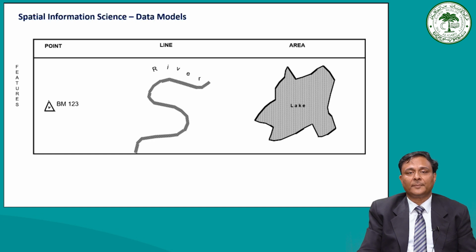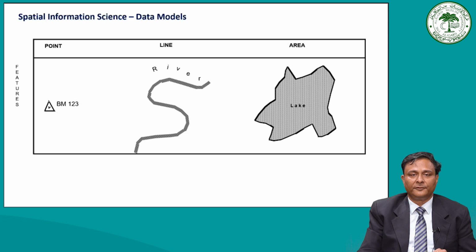In this diagram, examples of graphical representation of point, line, and area are shown. This is known as the feature model. The example of a point feature is on the left side, which suggests the elevation of that particular spot. We can call it a benchmark or spot height of that location.